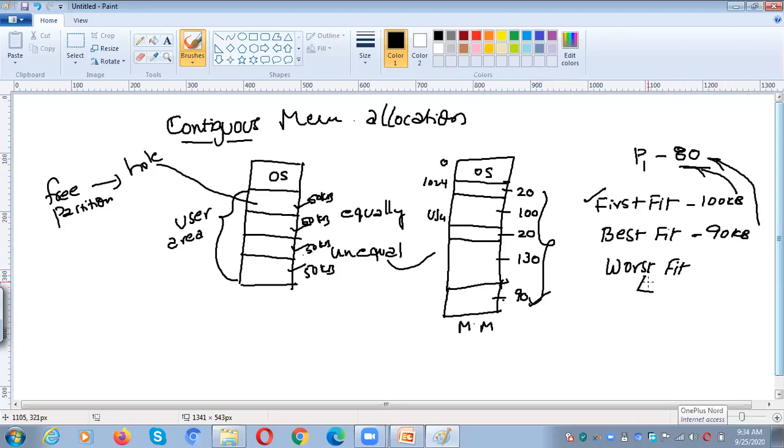Okay. And next, coming to worst fit. Worst fit also checks the entire list, to find the biggest partition to keep the process. What is the biggest partition here? 130 is the biggest partition.